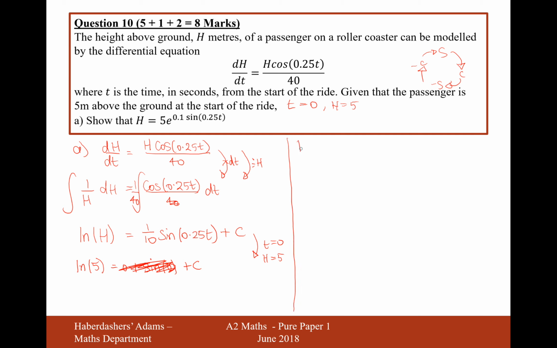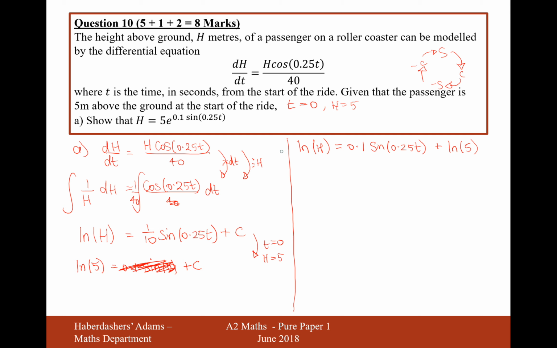Okay, so what do we have then? We have ln h equals 0.1 sine 0.25t, looks very similar to what we're trying to work towards, and then plus c, which is plus ln 5. That would make sense because we've got 5 at the front there.